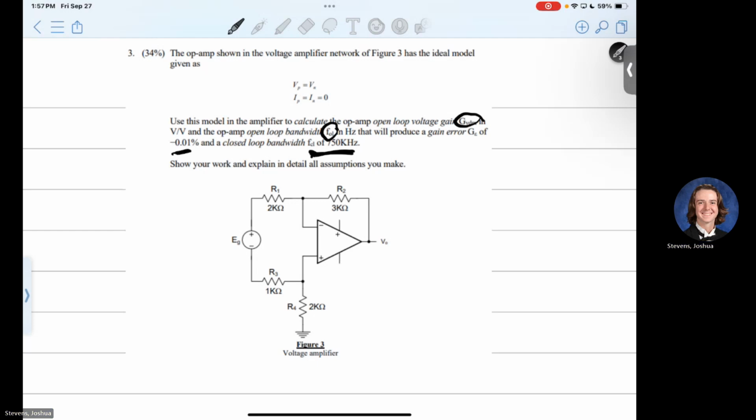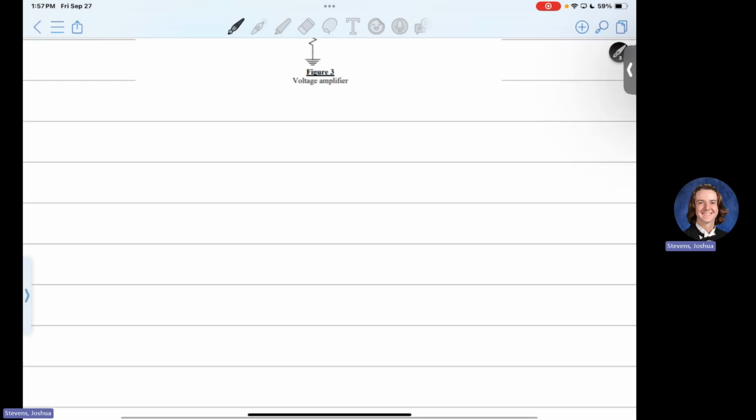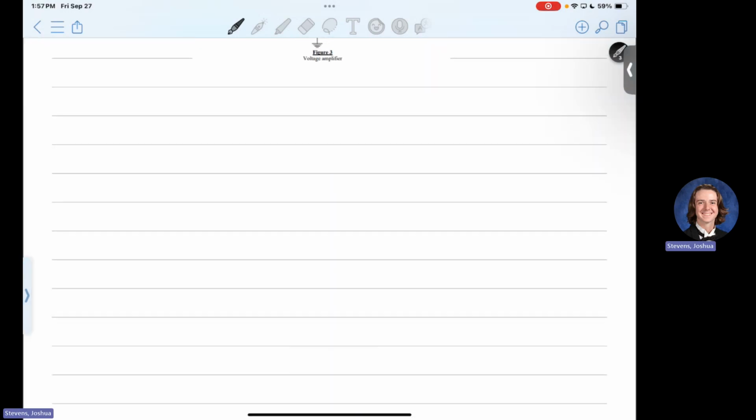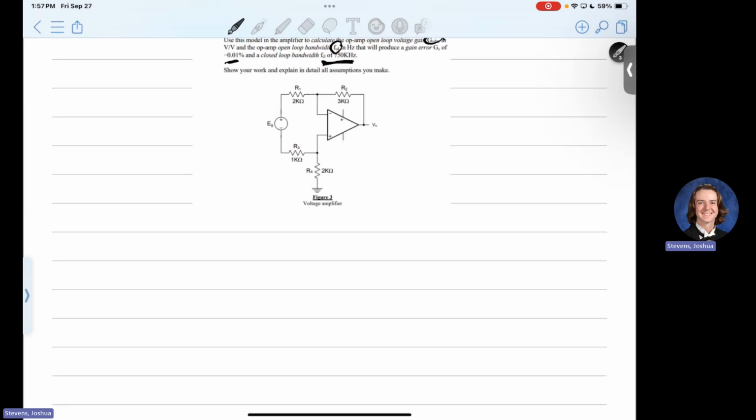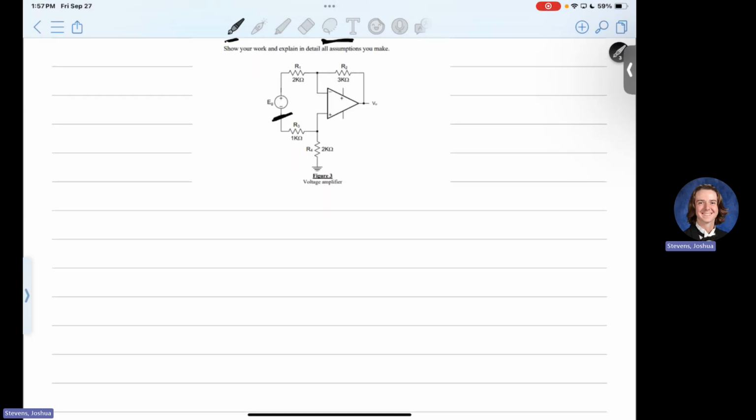Okay. Based on what we just did in the first op amp, what should we do first? What do we need to write it into? Bingo. What do we do with this? What do we do with that? What is it?